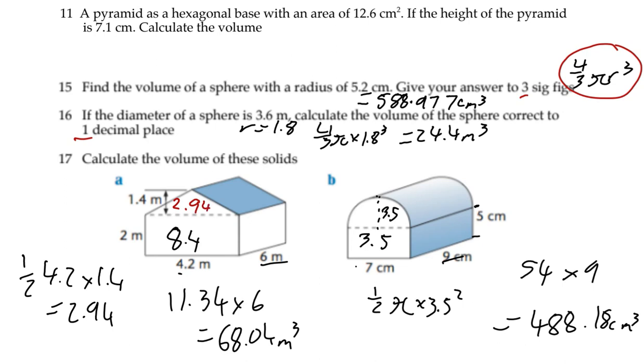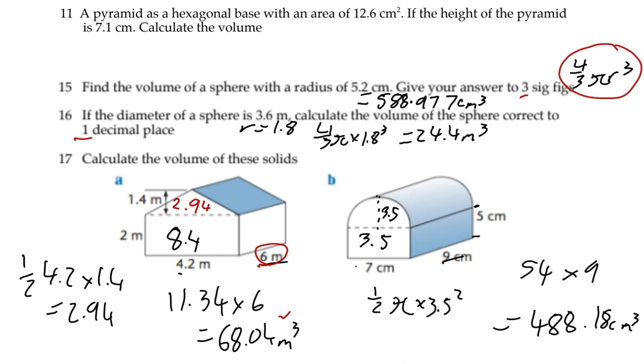And you add that to your 2 times 4.2, your 8.4, your rectangle part here. And then when you add them together, you've got the rectangular part and the triangular part, you've got the entire front face. Okay, that'll get you 11.34. You multiply that by your depth, 11.34 times 6, get you 68.04 meters cubed.